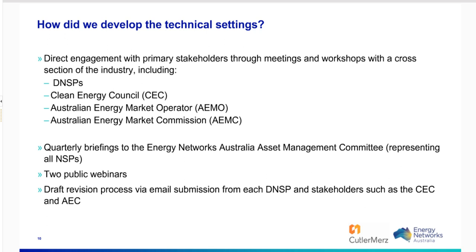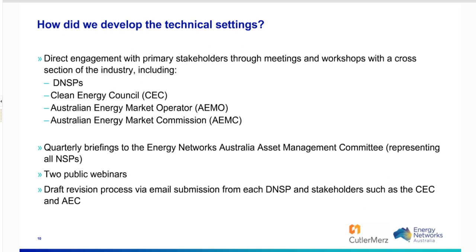How did we develop these documents and the technical settings that sit within them? That was done through a lot of engagement across the industry over the last 6 to 12 months. So we had direct engagement with primary stakeholders through meetings and workshops, in particular with the networks themselves.